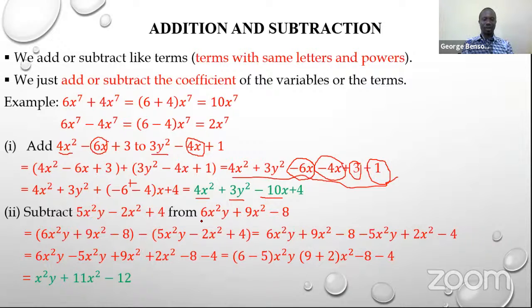That means you must write this one first, the 6x squared y plus 9x squared, because we are subtracting this one from this one. Because of the minus sign, this is where we have to pay particular attention by putting what we are subtracting in brackets. The minus sign will affect all of them. Is that okay? So we have written this one first.